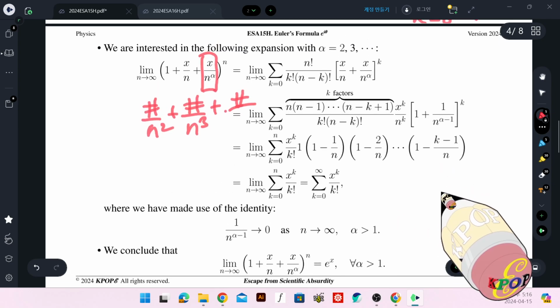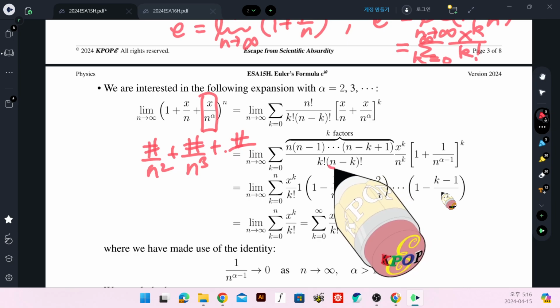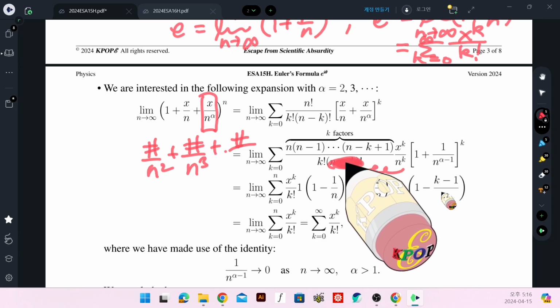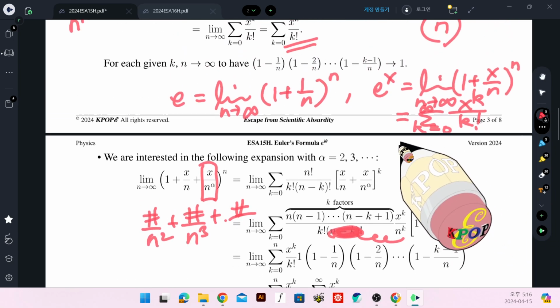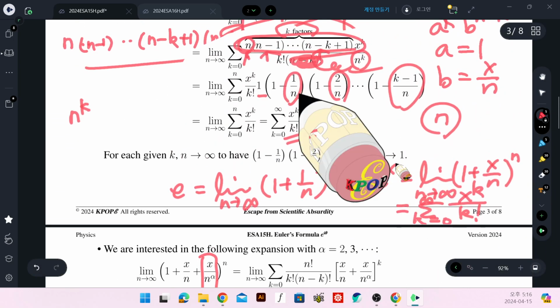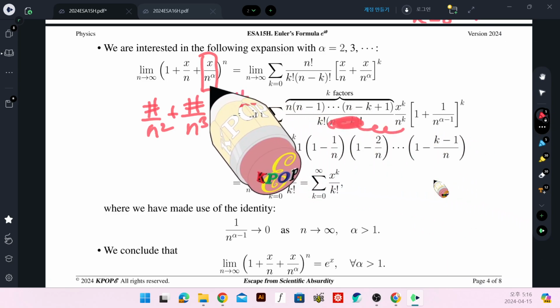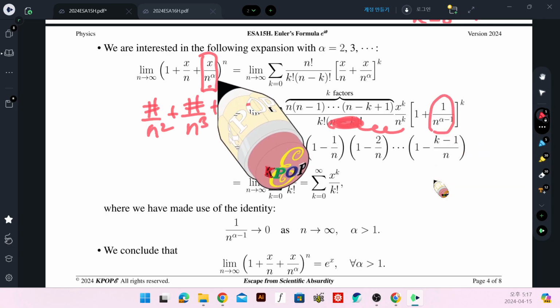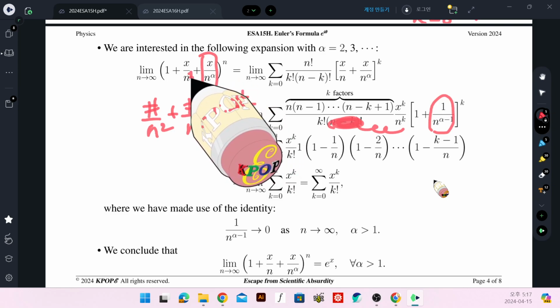You can do it yourself, but anyway, this factor again must be deleted. This factor must be deleted. And in this, we apply the same approach to find that the additional contribution vanishes as long as this power is greater than 1.